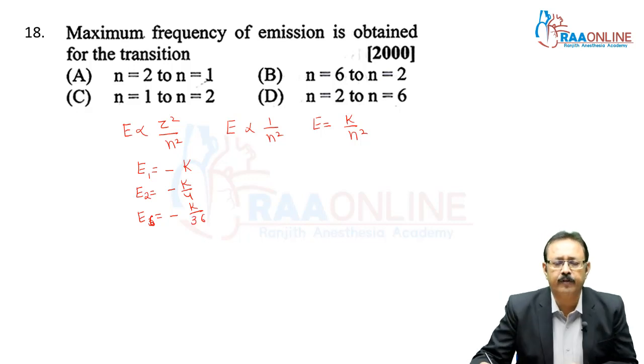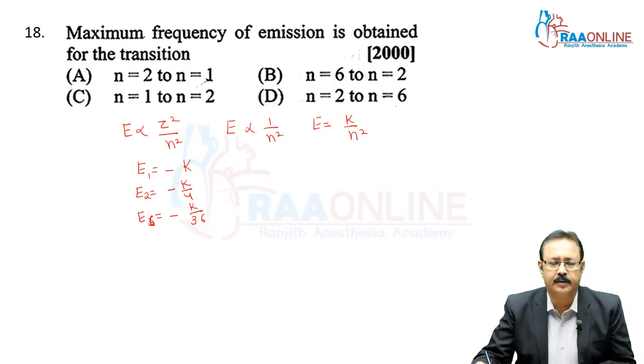So when it is coming from second orbit to first, delta E we will get in case of A, n equals 2 to n equals 1. Final energy is minus K, initially it was minus K by 4.